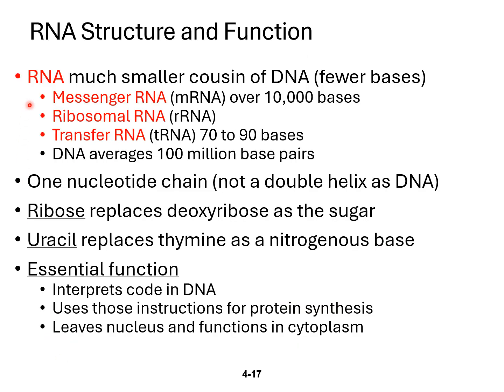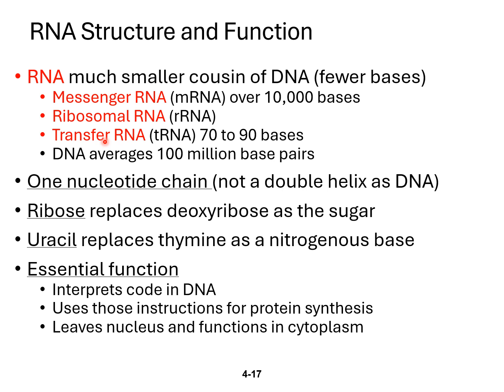So what are the three different types of RNA? RNA is much smaller and has fewer bases. Instead of using thymine, it uses uracil. You have messenger RNA, which is read from the DNA and then leaves the nucleus. Ribosomal RNA is found on ribosomes, and this is what's going to be reading the messenger RNA to make sure that each amino acid is put in properly.